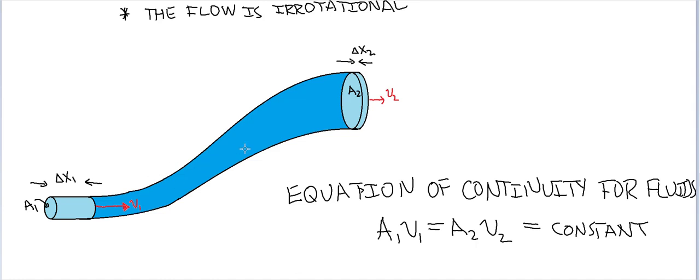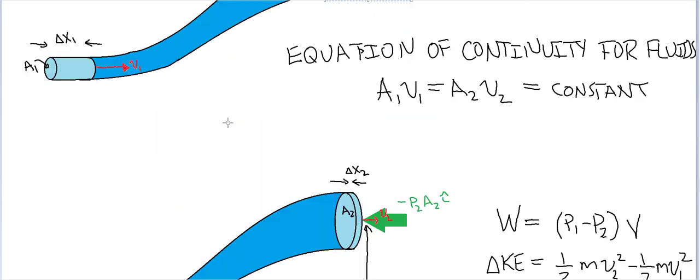So let's imagine that you have the following tube resting on a table. We are looking down from above, and this side and this side are at the same height, so we don't have to worry about changing heights.